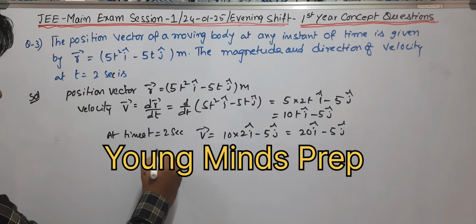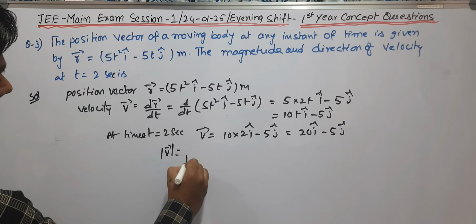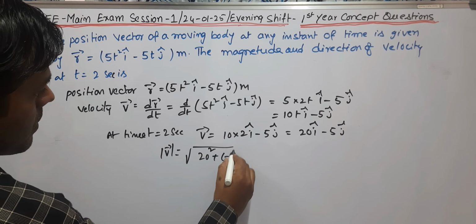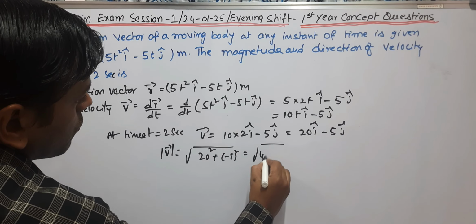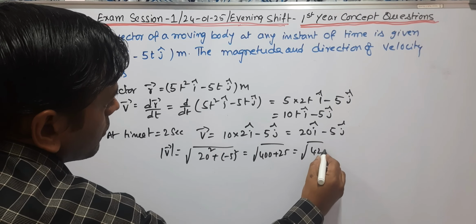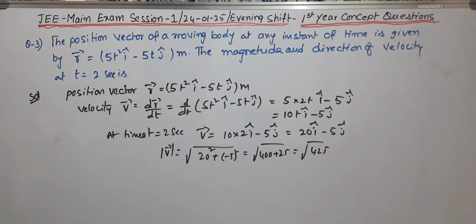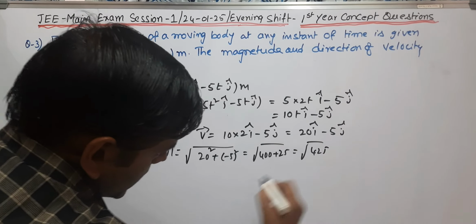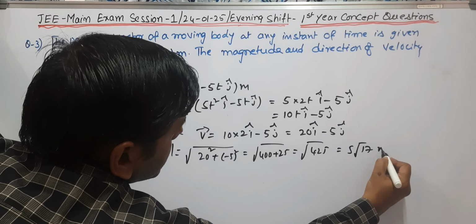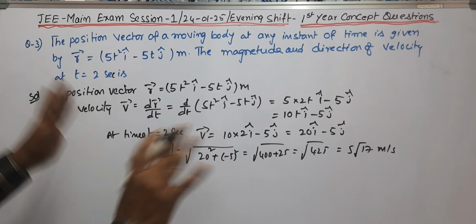So, magnitude, that means mod v bar, is equal to root of 20 square plus 5 square, which is 400 plus 25, root over 425. When you simplify it, it equals 5 root 17 meter per second. So, magnitude is done.